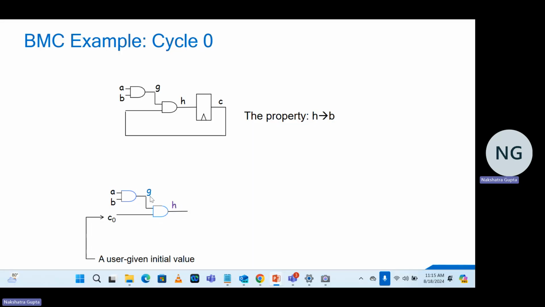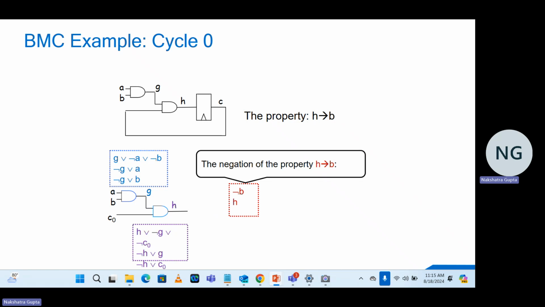We translate the circuit to SAT by translating every gate to SAT. These are AND gates that we've already seen how they are translated to SAT. Then we translate the negation of the property to SAT too. In this case, the negation comprises unit clauses on B and H, the negation of H implies B, and we solve it with SAT too. Now, this is unsatisfiable, so the property holds.